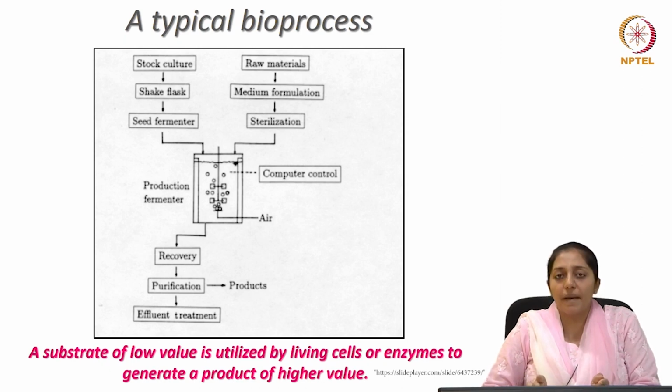Now this fermenter will have different key parts. If it is an aerobic fermentation, which means the organism needs oxygen for its growth, then there are parts in the reactor which facilitate oxygen transfer to these organisms. This will include a sparging device. There will be a mixing device, which we call impellers, to create a homogeneous environment inside the reactor.